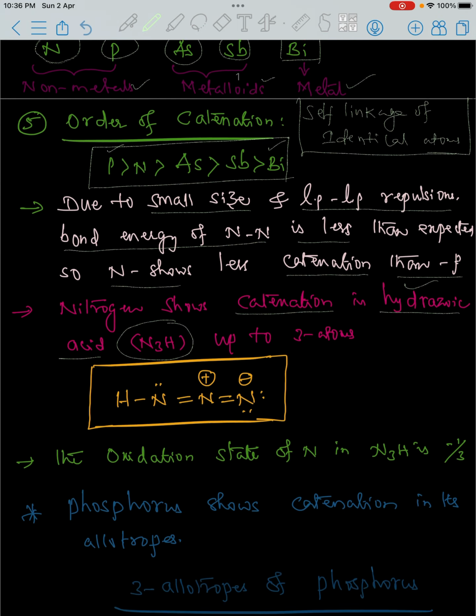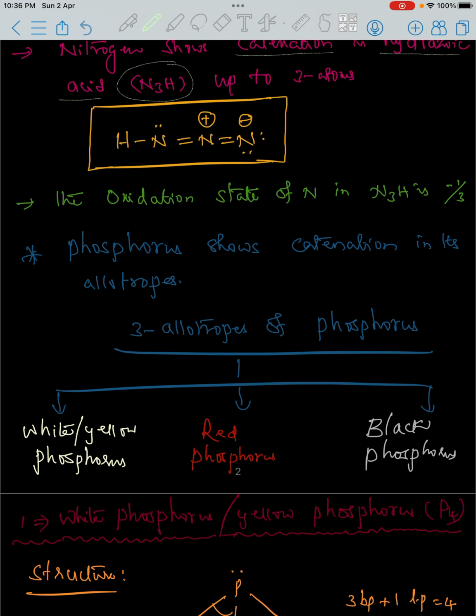This is the structure of hydrazoic acid, that is H-N=N=N, and there is a negative charge on the terminal nitrogen and a positive charge on the adjacent nitrogen. The oxidation state of nitrogen in hydrazoic acid is minus 1/3. So nitrogen can show a minus 1/3 oxidation state also, in hydrazoic acid.